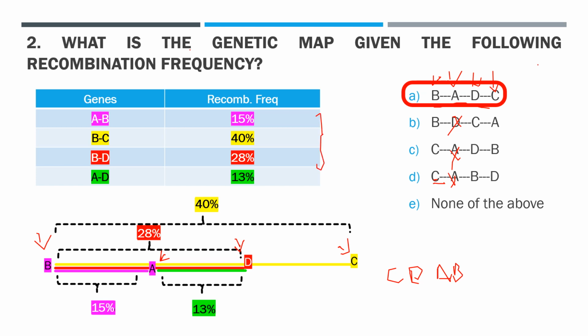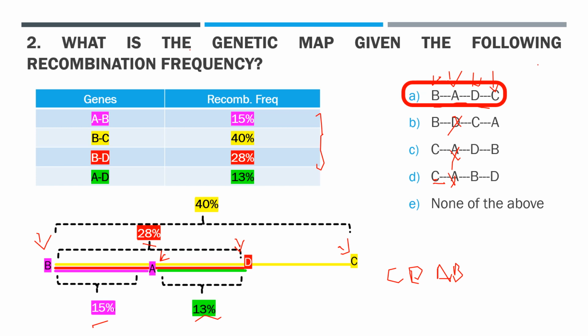But in the lab, these values are not going to be as perfect. They will not add up, for example, 15 plus 13 to get 28 perfectly. This takes many samples, and generally you get a relatively close number.